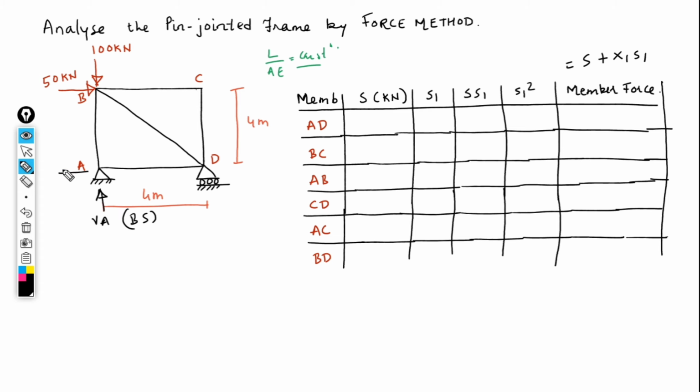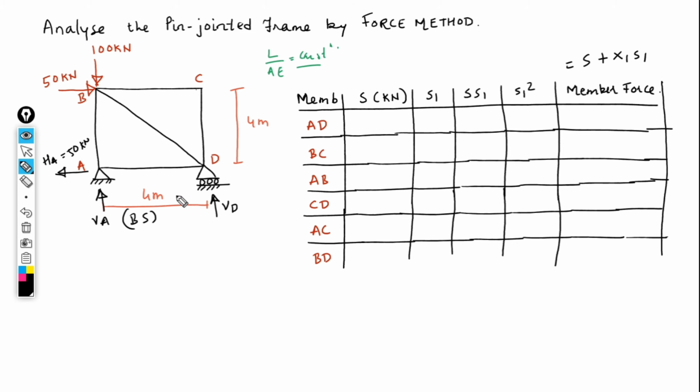And the horizontal reaction I will assume towards the left, because the horizontal load is going towards the right. So this will be 50. Naturally, the reaction in the left direction will be 50 kilonewton. And here I will define vertical reaction Vd, which is vertically upward.